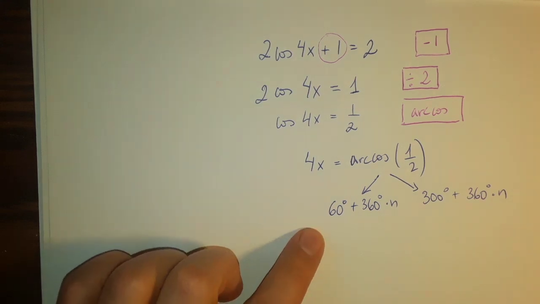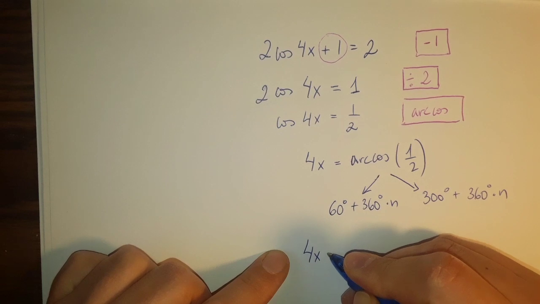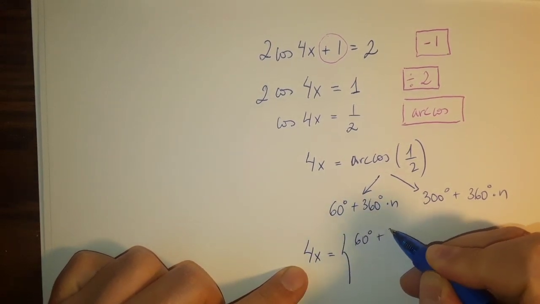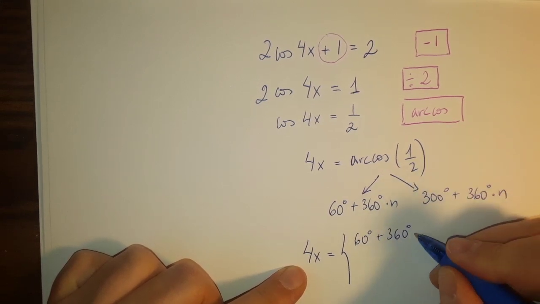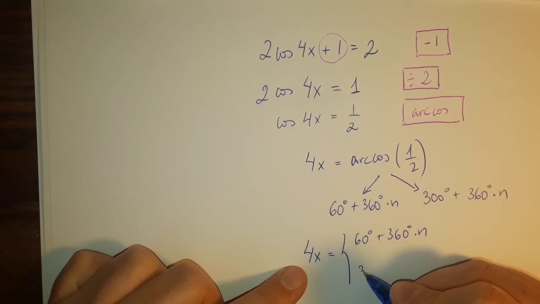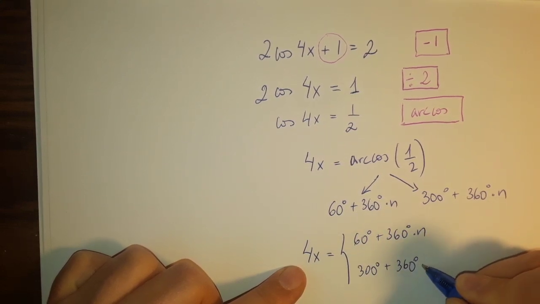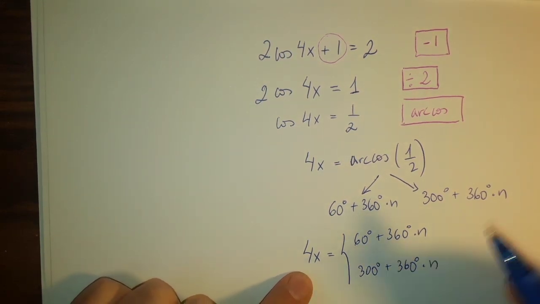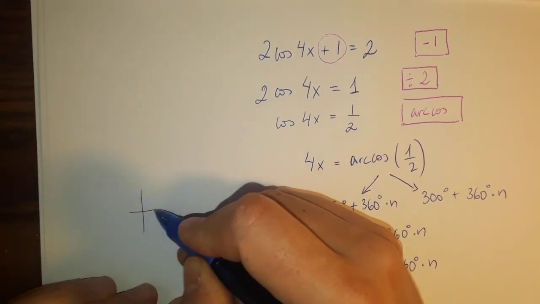Now, after I have these two solutions, I can write 4x equals, and again I have two solutions, 60 plus 360 times n, and 300 plus 360 times n. Again, this 4x, if we think about it, let me write it maybe here, right?